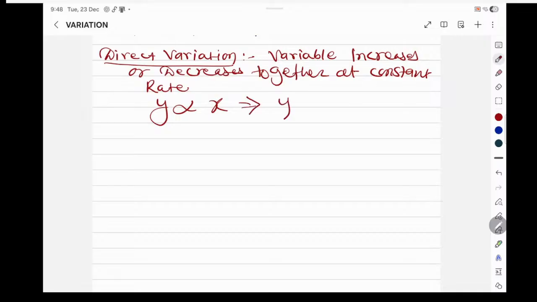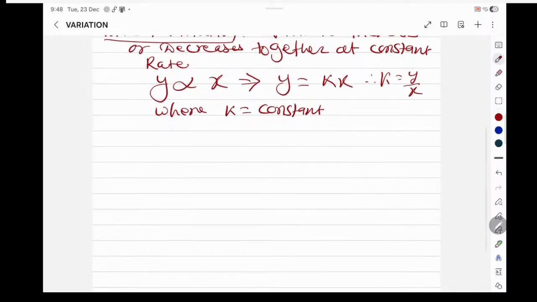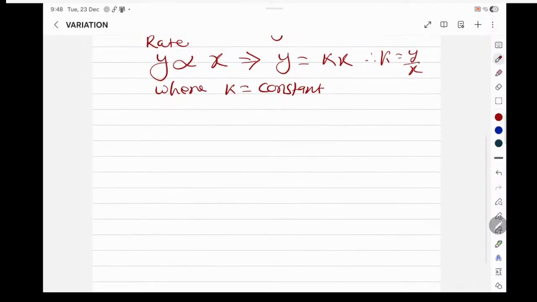This implies y is equal to kx, where k is equal to y over x, and k is a constant. That is the constant rate. So k means the constant of proportionality.